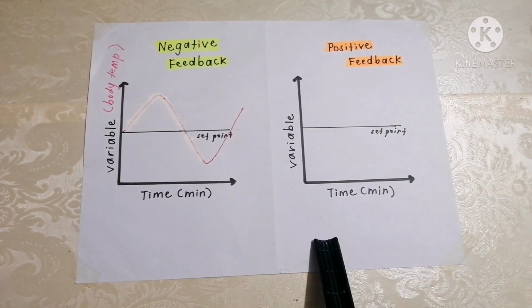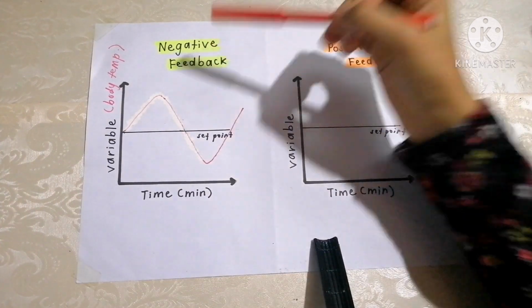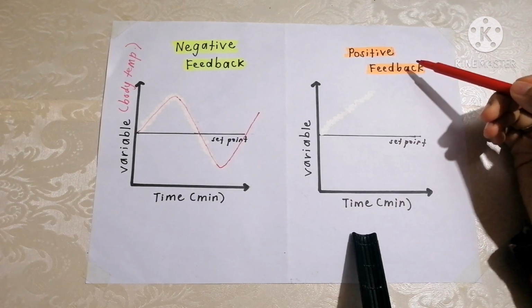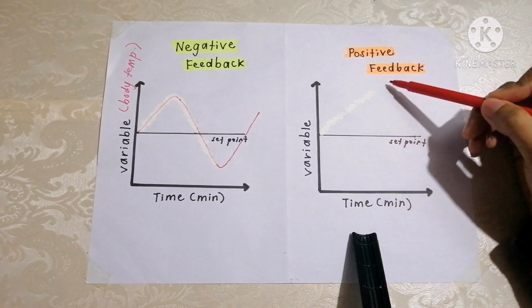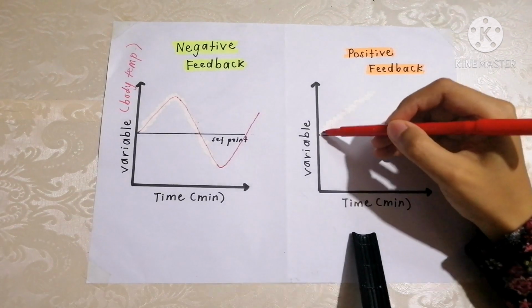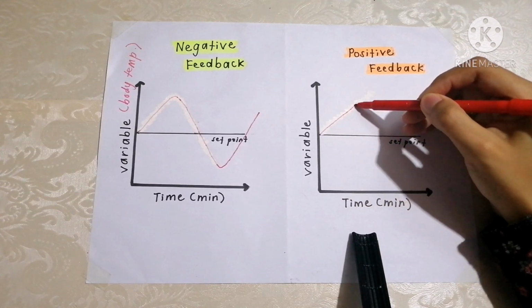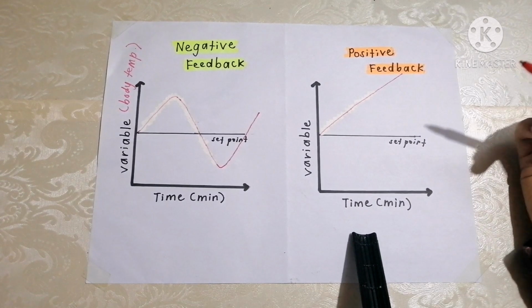Now, can you answer how does homeostasis take place? Yes, homeostasis is maintained by this negative feedback mechanism. On the other hand, positive feedback is a mechanism when the variable is pushed away from the set point. For example, if the variable is increased, positive feedback will push away the variable from the set point.